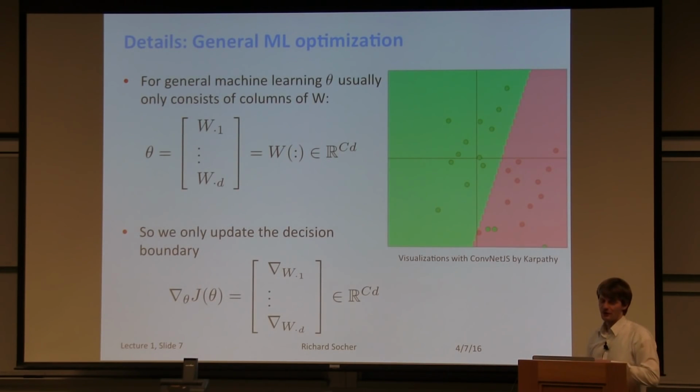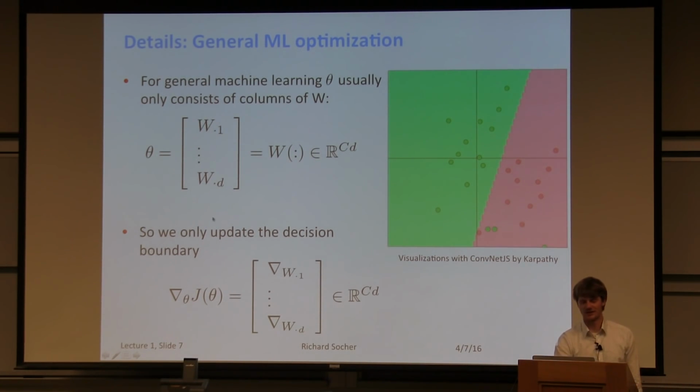All right, so now for general machine learning, our theta will in most cases just be basically the columns or rows of W. And here I will introduce the notation: whenever we see a dot and then the index, that means we'll take this column of the matrix.